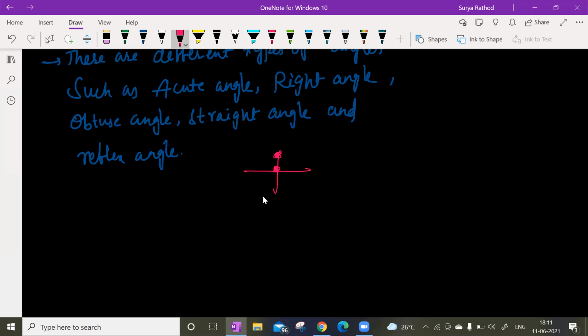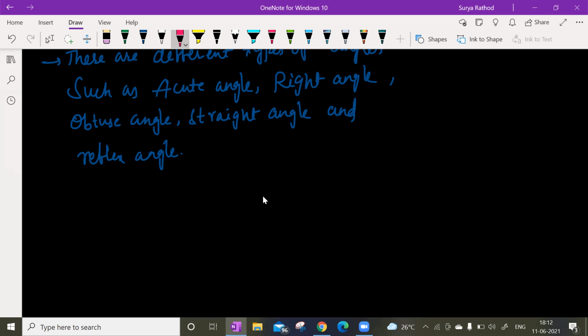I'm starting from 0, which means 0 and 360 will be at the same point. If I complete a full round, that makes 360 degrees, and again I'm coming at 0 only. So 0 and 360 will be on the same track.